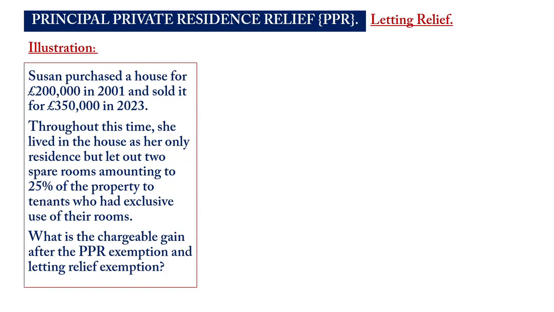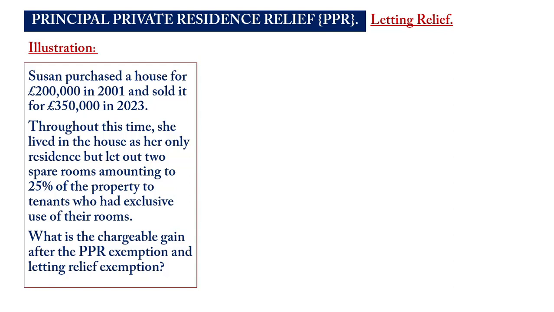Susan purchased a house for £200,000 in 2001 and sold it for £350,000 in 2023. Throughout this time, she lived in the house as her only residence, but let out 2 spare rooms amounting to 25% of the property to tenants who had exclusive use of their rooms. What is the chargeable gain after the PPR exemption and the letting relief exemption?